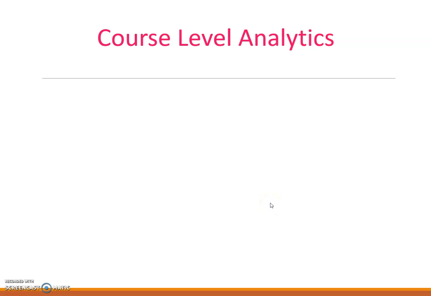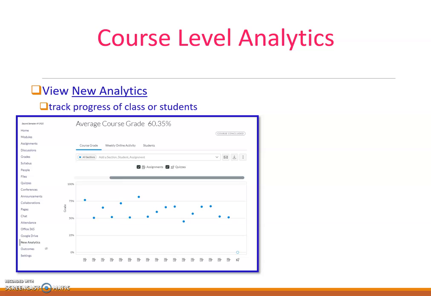To continue, one of the newly launched features of Canvas is course-level analytics. This can be viewed under the new analytics section. This is a good way to keep track of the progress of the class or student.